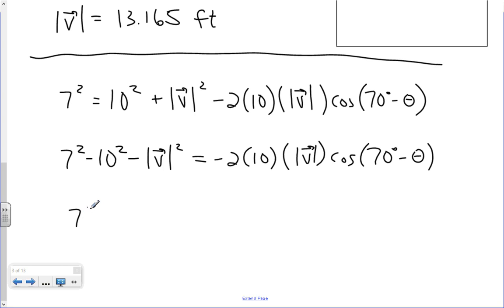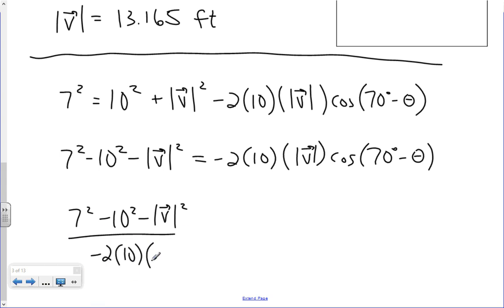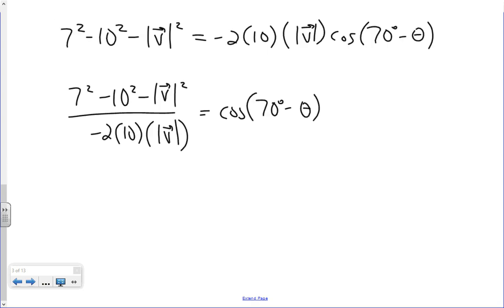So 7 squared minus 10 squared minus the magnitude of vector v squared, all over negative 2 times 10 times the magnitude of vector v, is equal to the cosine of 70 minus theta. Now again, to solve this, we're going to use arc cosine technically, but remember, we're looking for an angle that's in a triangle, so I just need the cosine inverse solution to this.